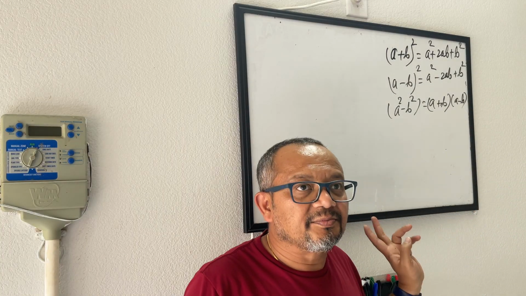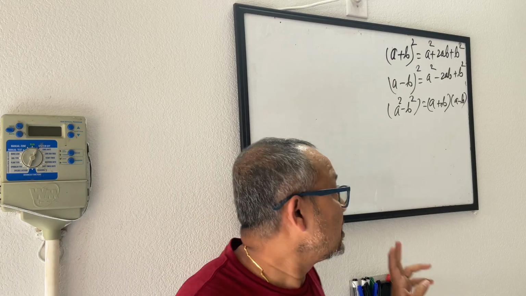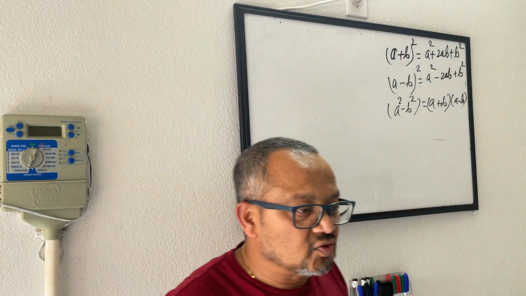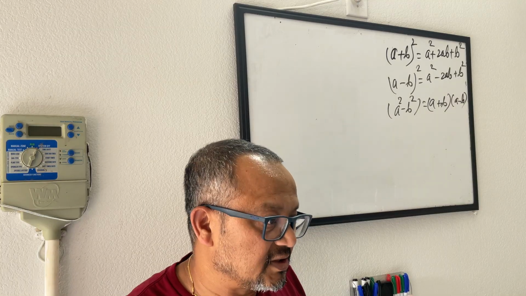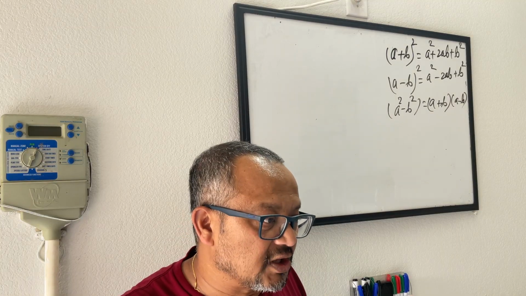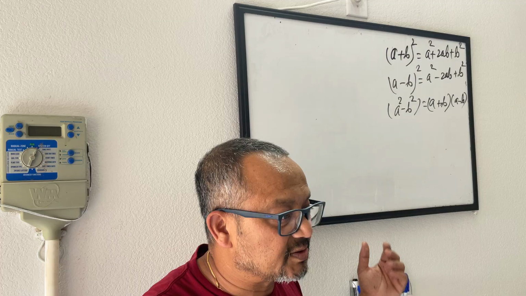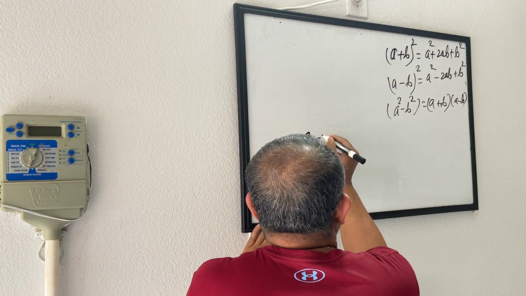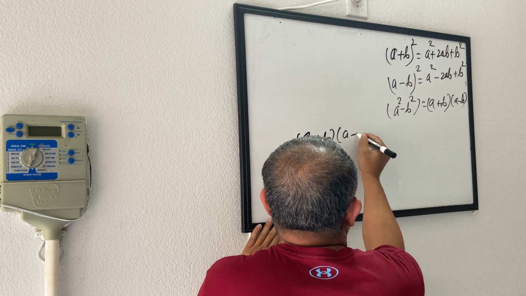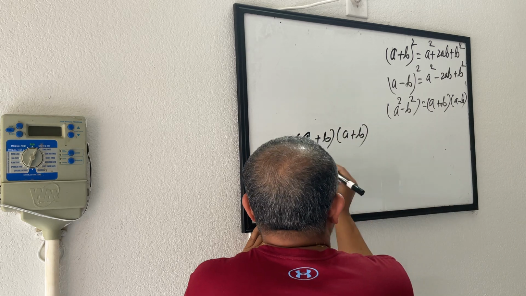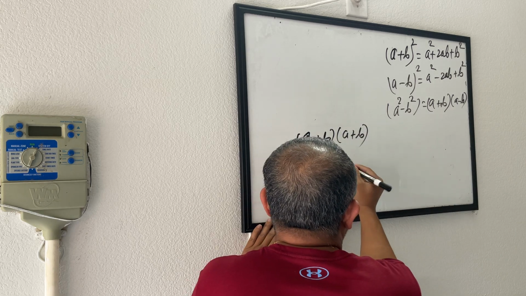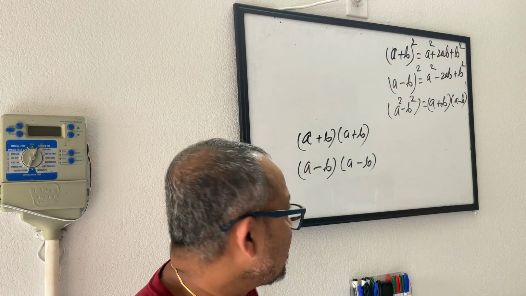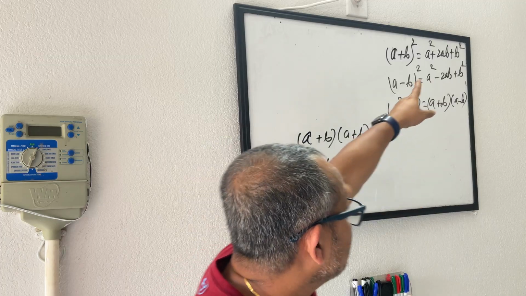There are three basic formulas that I would want everybody in the class to be super duper conversant with. (a plus b) whole square equals what? (a minus b) whole square equals what? a square minus b square equals what? Again, (a plus b) whole square is nothing but (a plus b) into (a plus b). When you say (a minus b) whole square, that is nothing but (a minus b) into (a minus b). And again, how do you use the distributive property for breaking it down and getting this formula?